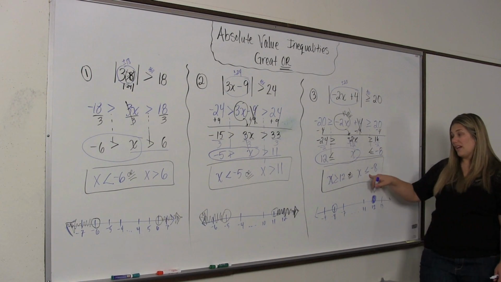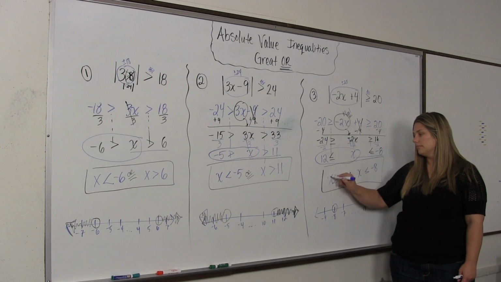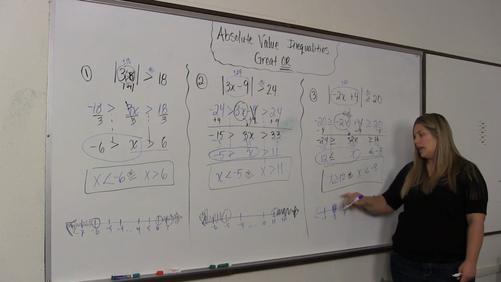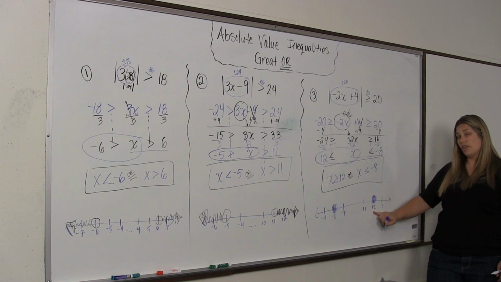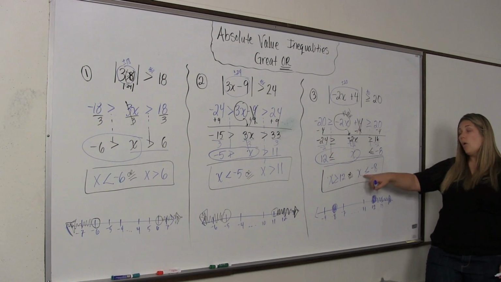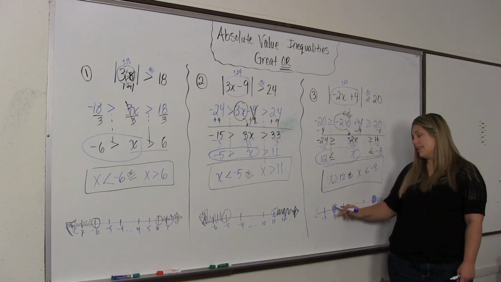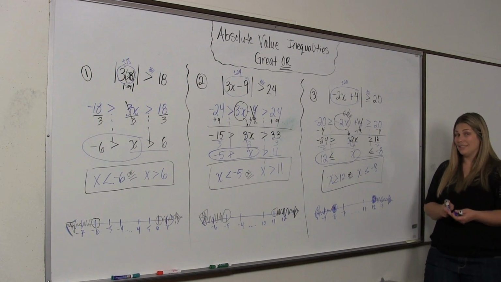And because they both have the line underneath, I'm going to close them in. And right here it's saying x is greater than the 12. So from the 12, I need to go greater. Or x is less than the negative 8. So from the negative 8, I need to go less.